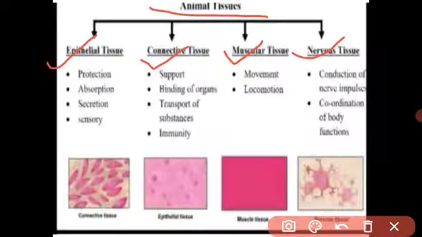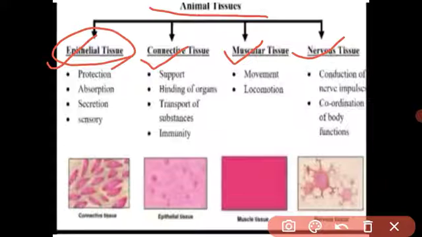It is also present on the outer surface of our internal organs, and as you know, its main function is protection. It absorbs some nutrients. It functions in absorption, secretion and sensation. The main function of epithelium is to protect the internal parts of the organ.